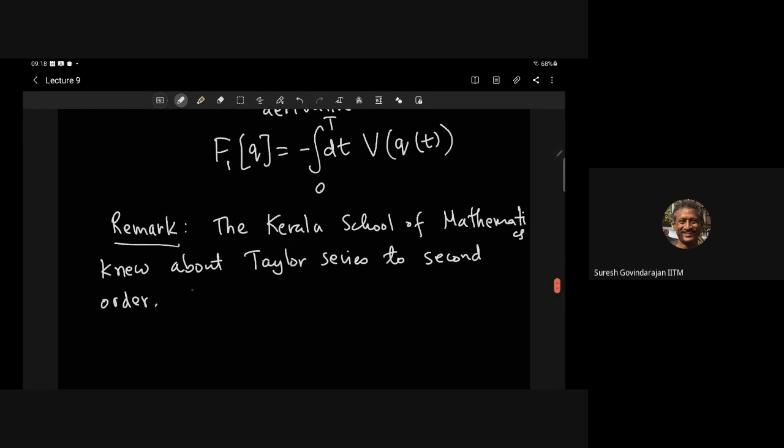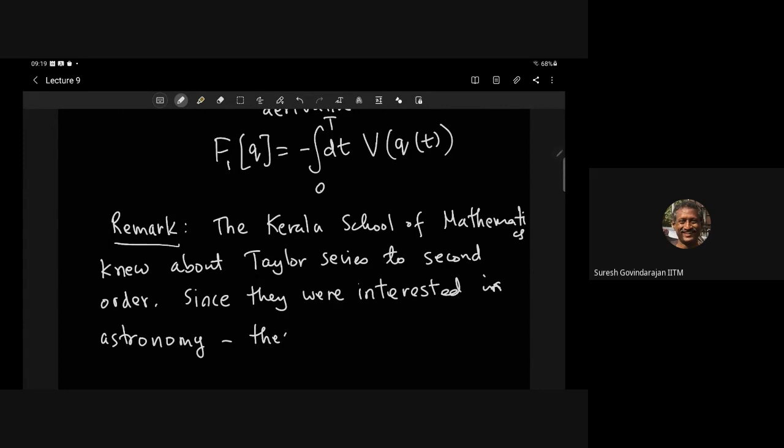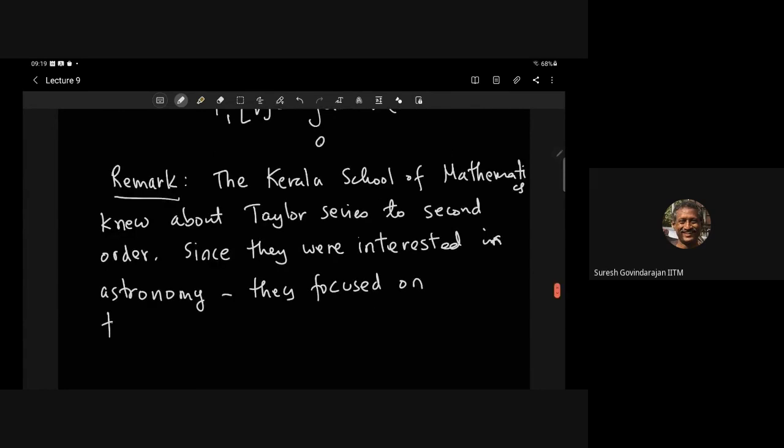They derived it over years. Since they were interested in astronomy, not astrology, astronomy, they focused on trigonometric functions, such as sine theta.